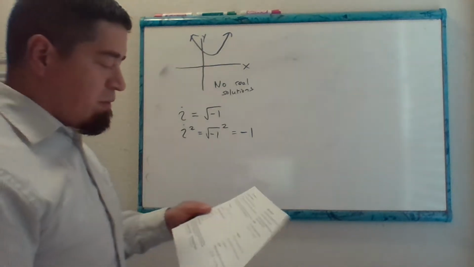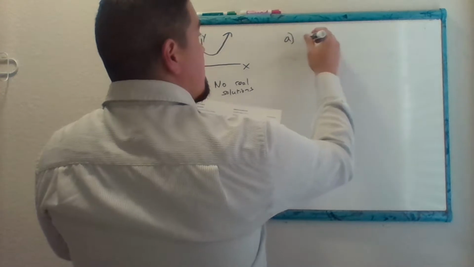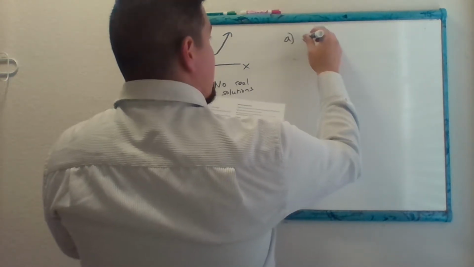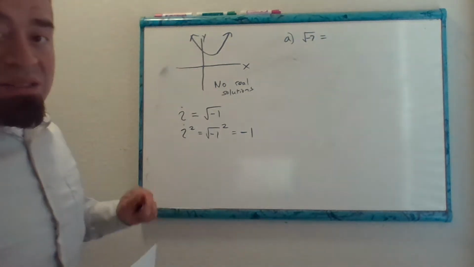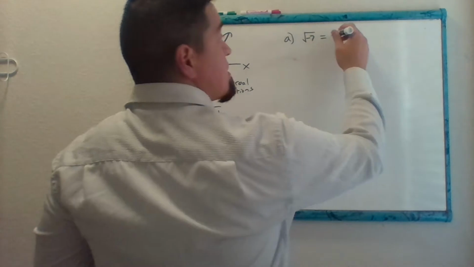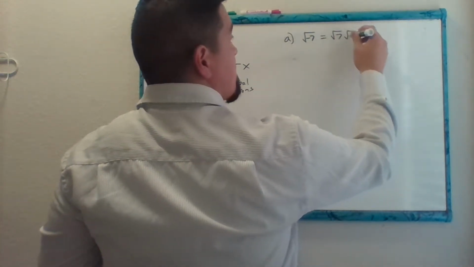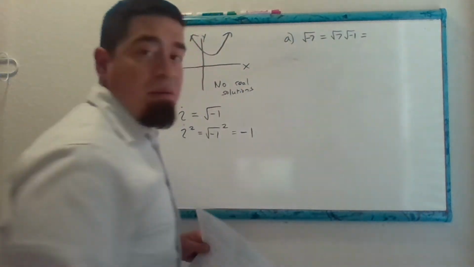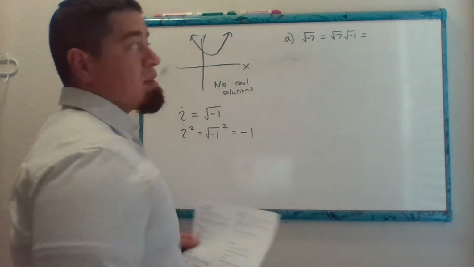These two are going to be important notes for what we're going to do next. So let's go through a few of these examples. The first one is the square root of -7. The square root of -7, I could factor as the square root of 7 times the square root of -1, because the square root of 7 times the square root of -1 is just the square root of -7.